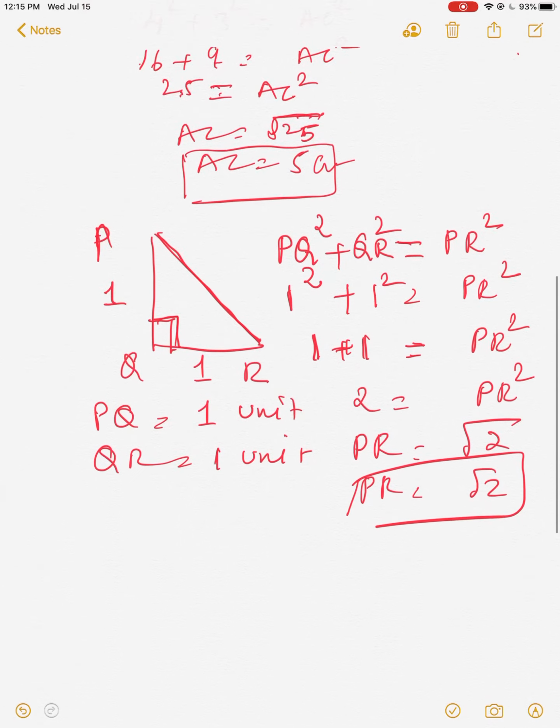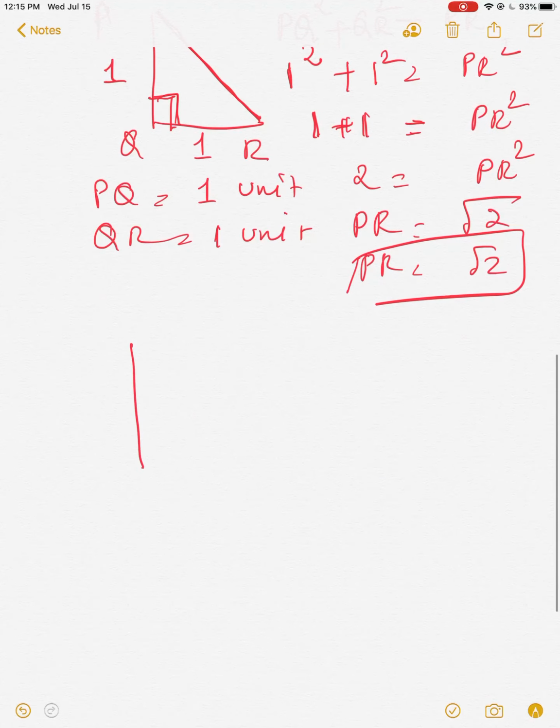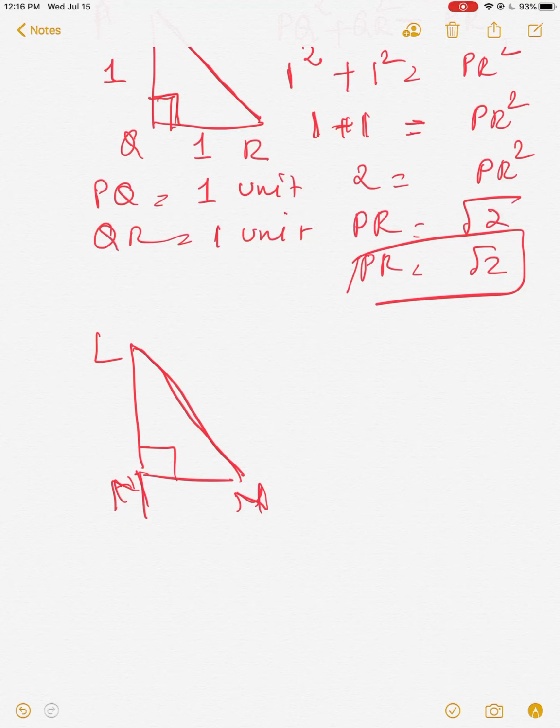One more example I will take. Let us take the triangle LMN. The right angle is between LM and MN. LN is your hypotenuse.